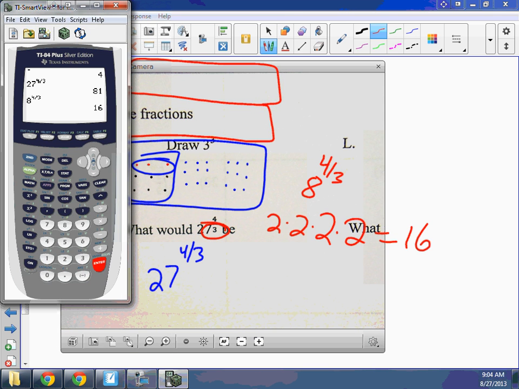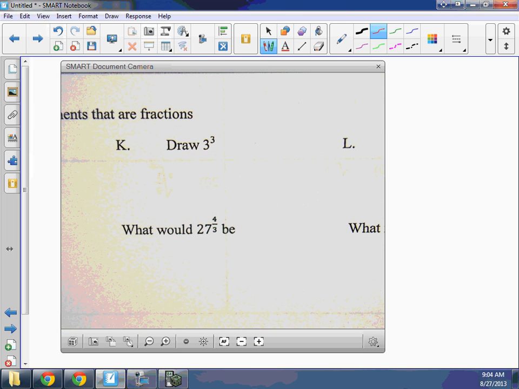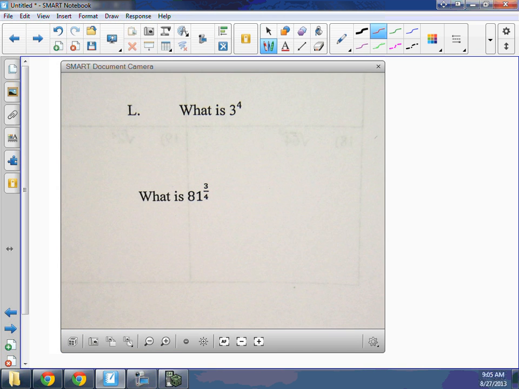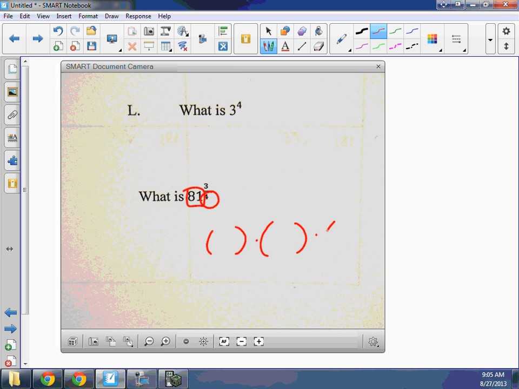Okay. Now we don't really want to draw the picture for this one because it's humongous. But can 81 be broken into 4 equal multiplications? So I need something times something times something.